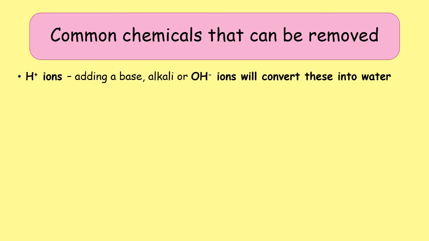So common chemicals. The prime two examples are acids and alkalis. If you've got hydrogen ions or indeed a general acid, if you added a base, an alkali, or hydroxide ions, it will convert that acid or those H+ ions into water.